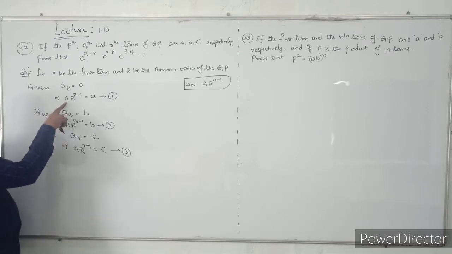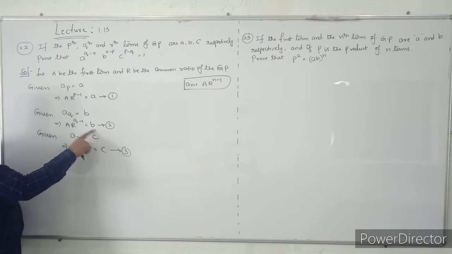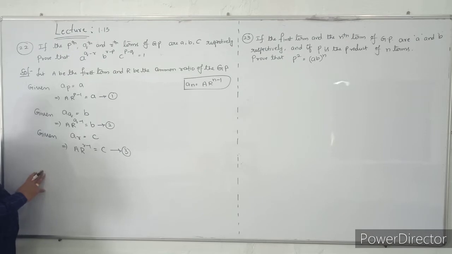So students, a is equal to A into R power P minus 1, b is A into R power Q minus 1, and c is A into R power R minus 1. So in the question, I will take the LHS.